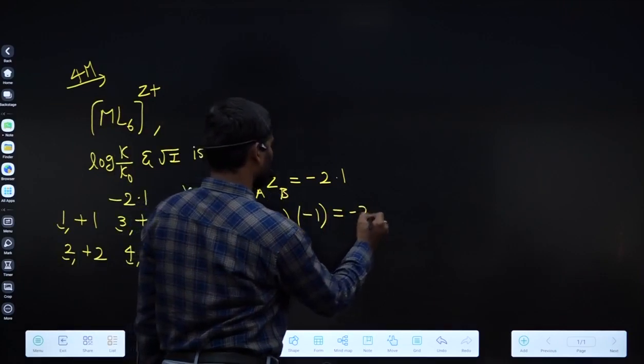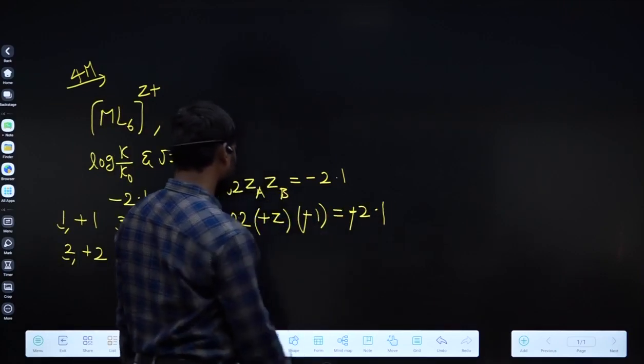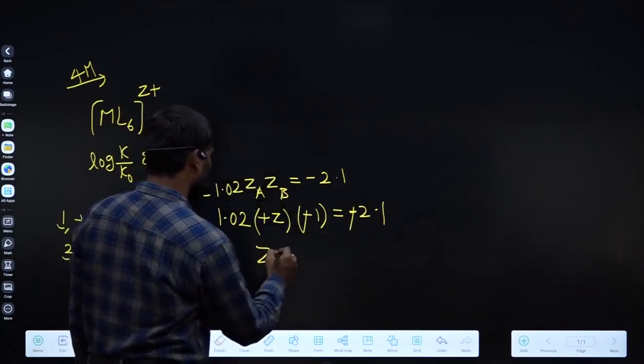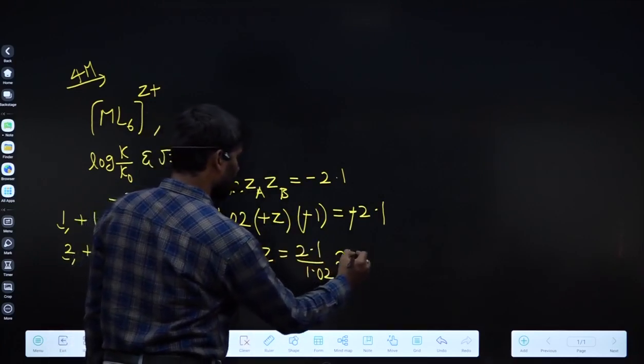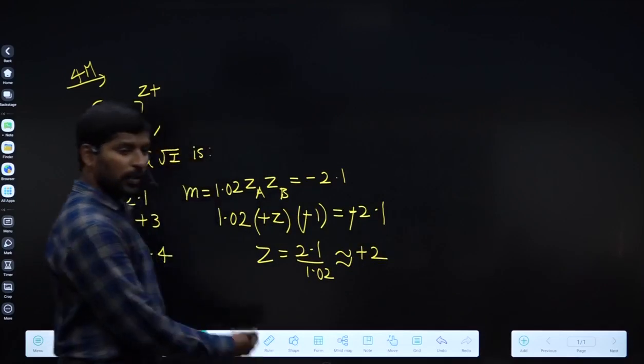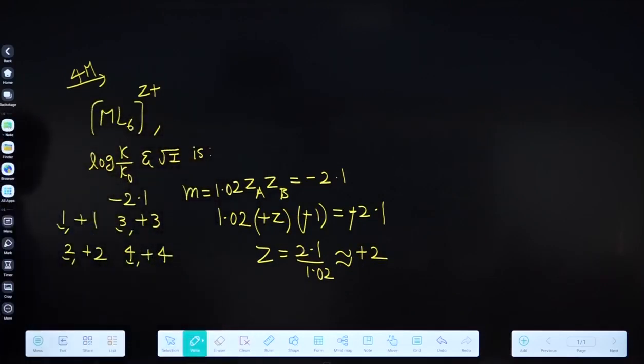So that is equal to minus 2.1. Minus gets cancelled. So Z is equal to 2.1 by 1.02, which is nearly 2 by 1. So we get plus 2, option 2.